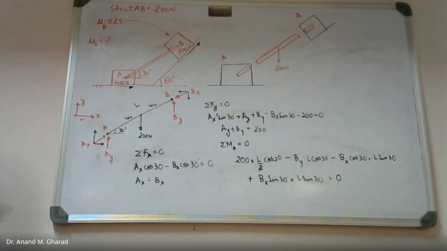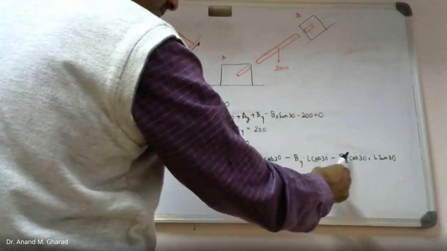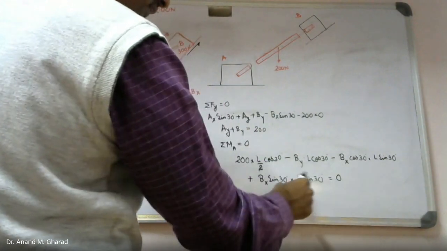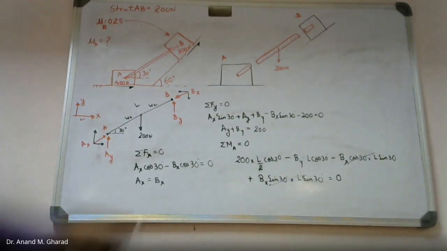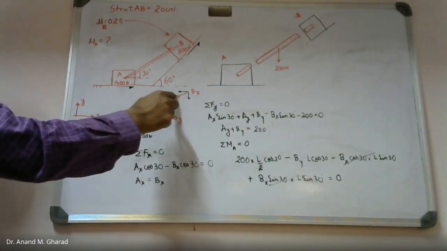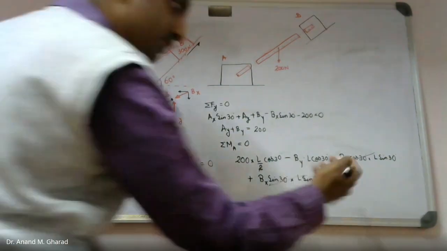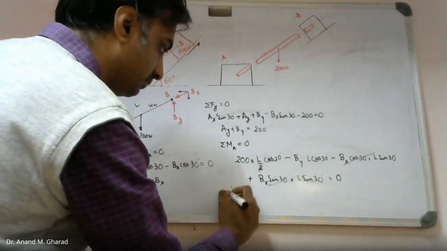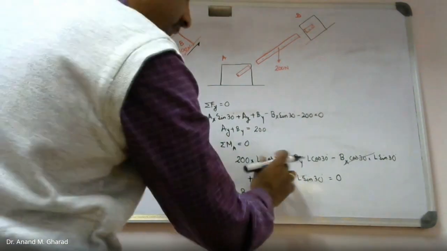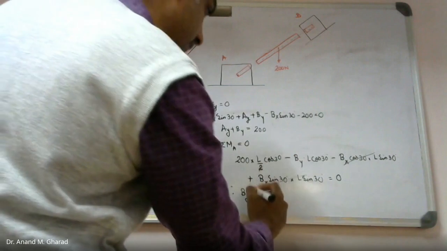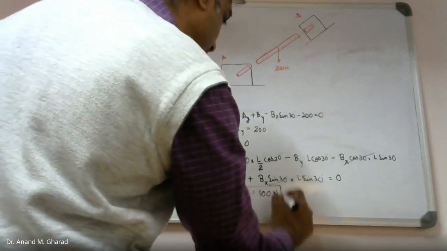From this equation, what we observe? This term will get eliminated, because this Bx is passing through the point A as well. So that is verified. And therefore, from this equation, what do you get? By and L cos theta will get eliminated. By will be equal to 100 Newton.